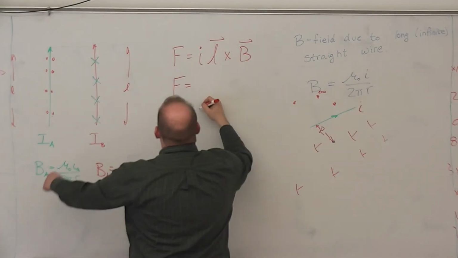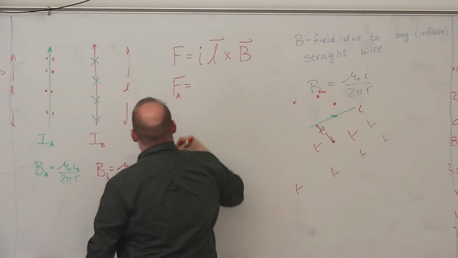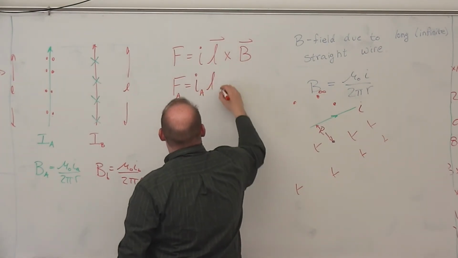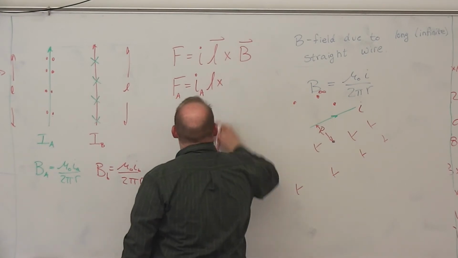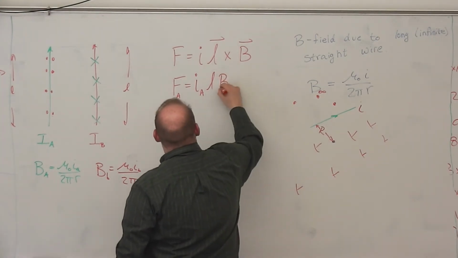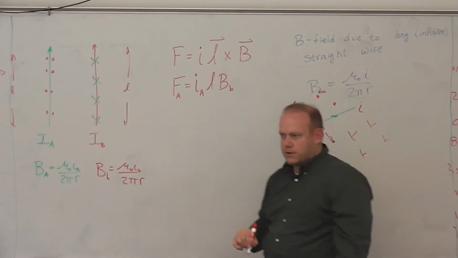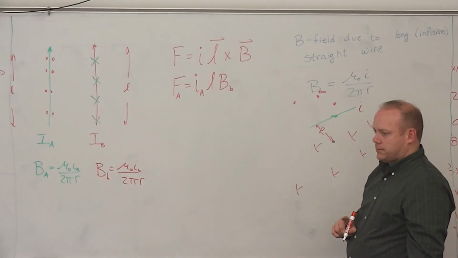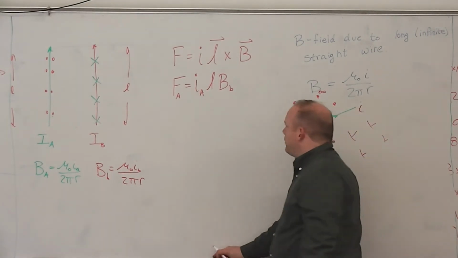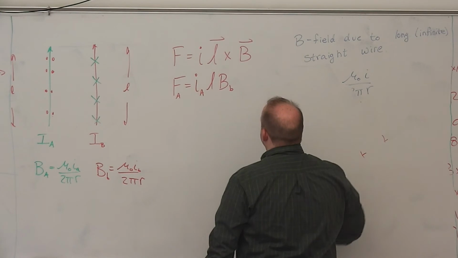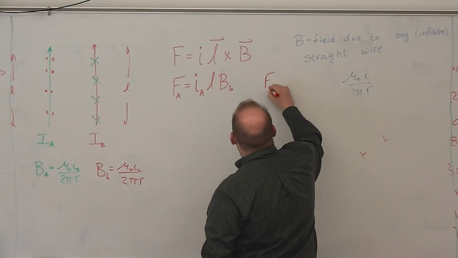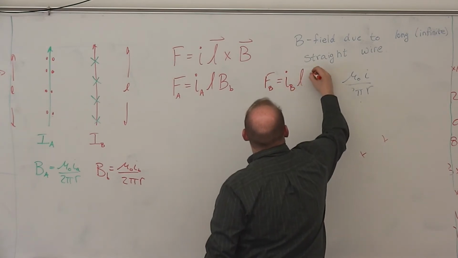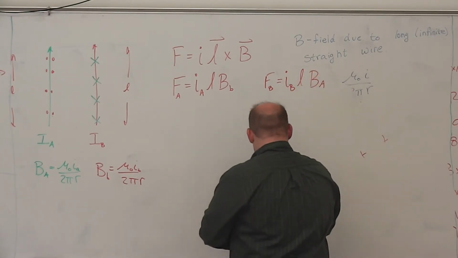So the force on A is going to be the current of A times the length times the magnetic field of B. A feels the magnetic field of B. Similarly, the force on B is going to equal IB L times the magnetic field of A.